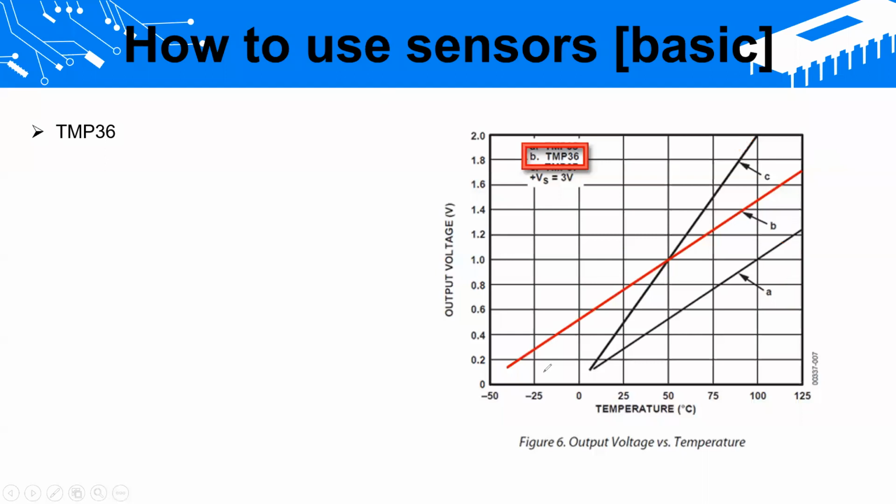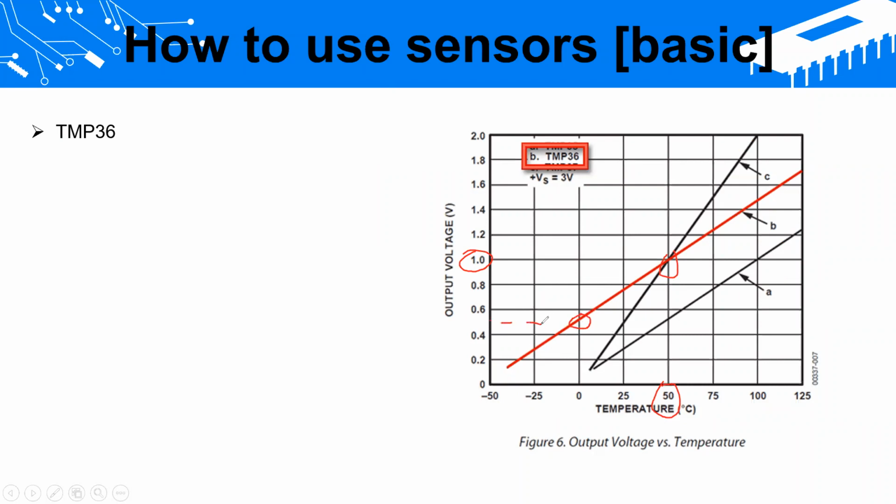As you can see, at around this point, for 50 Celsius, it should give some voltage around 1 voltage. Then again, we can come up with a point at this place, almost 0.5.